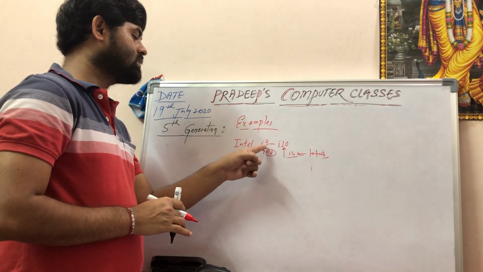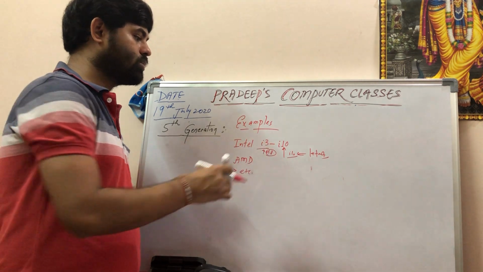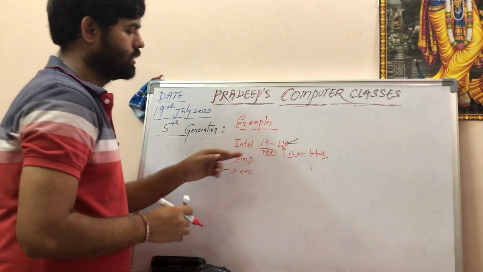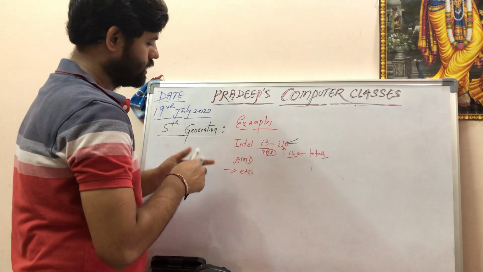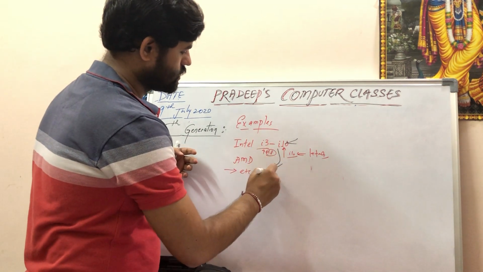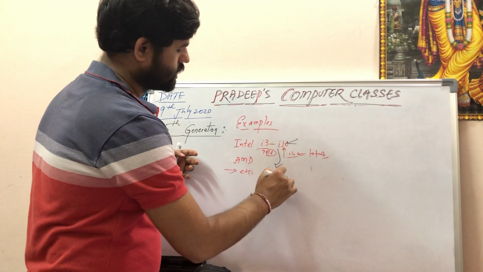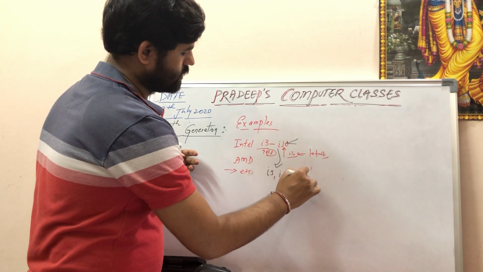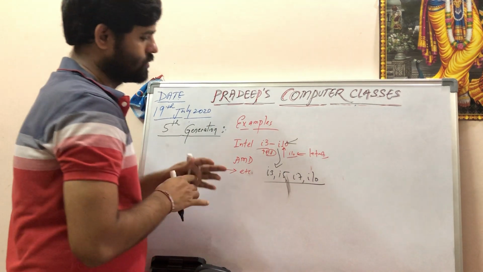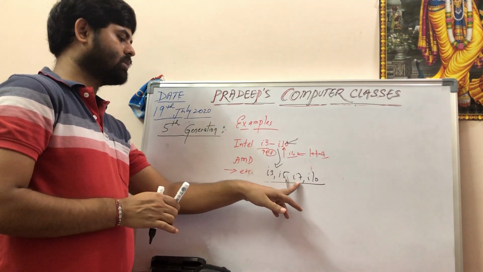So these are the processors: i3, i5, i7, i10.